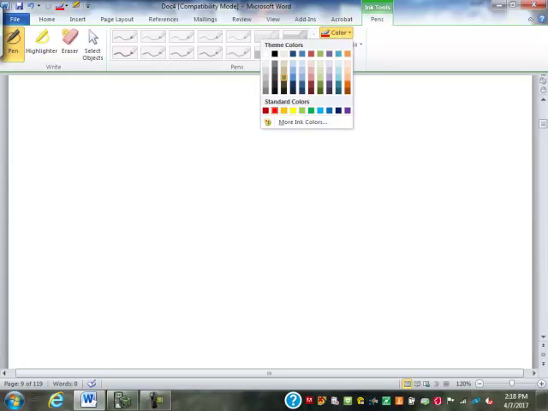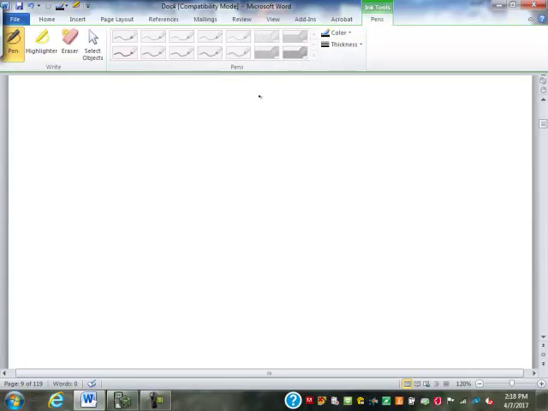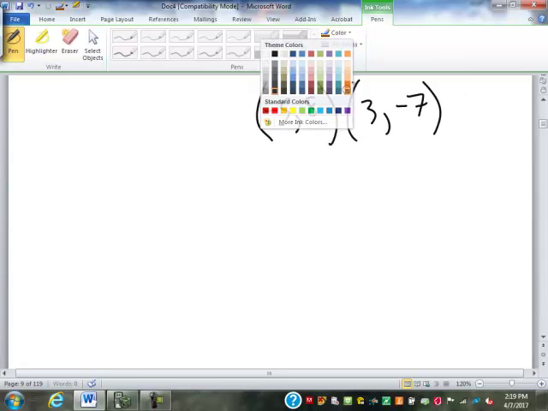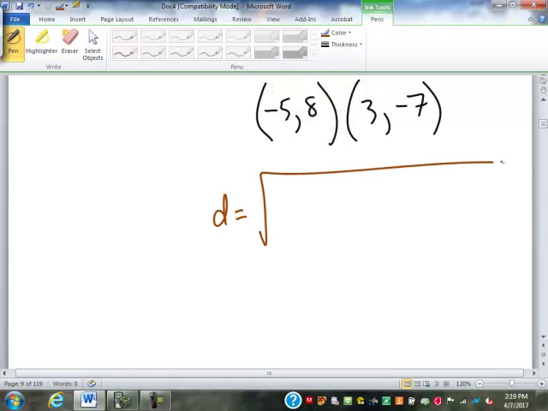Let's do one more example of finding the distance between 2 points. Let's say I'm going to give you the points -5, 8, and 3, -7. So, this first set of parentheses, what's going to go in here? Three minus -5. Good.